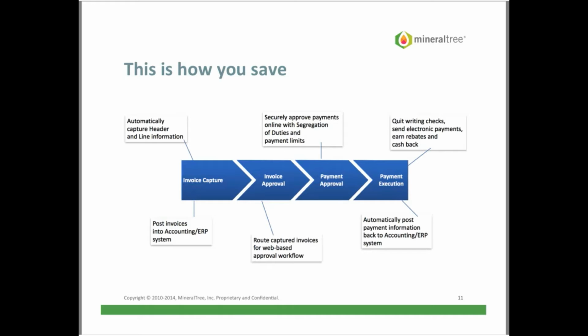Then we're actually executing that payment for you, whether it be check, ACH, or the virtual card where you earn rebates, and sending out remittance for you at the same time, which is a huge thing, especially if you are doing ACH. Because oftentimes when people are getting an ACH payment, they don't even know what they're getting paid for. It's just a dollar amount that shows up in their account. And so this saves you a tremendous amount of time in terms of people wondering, where is the payment?